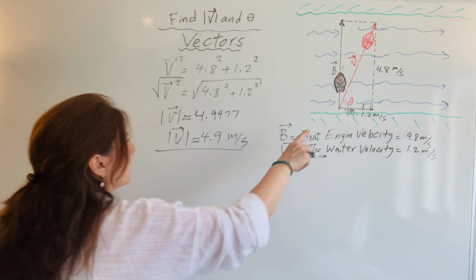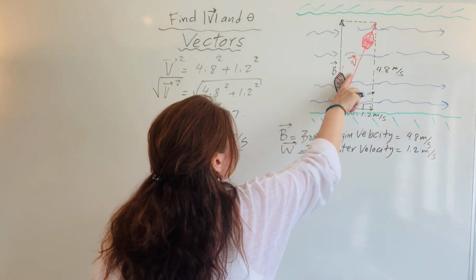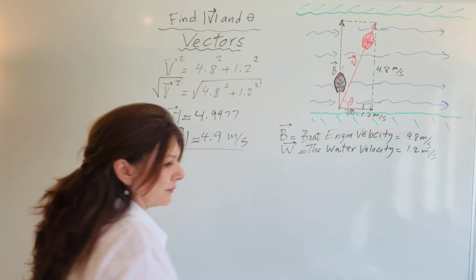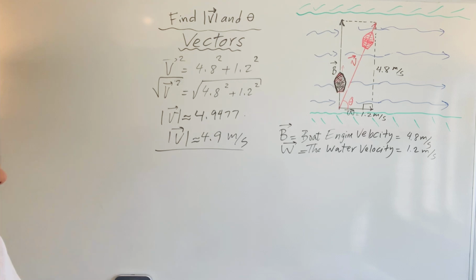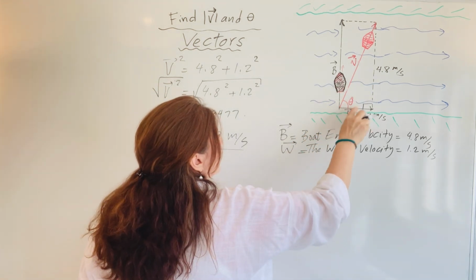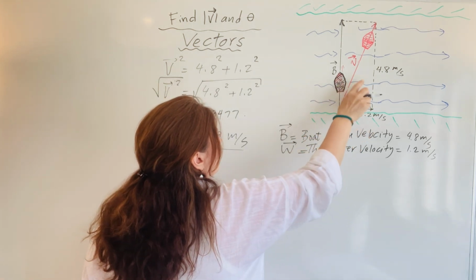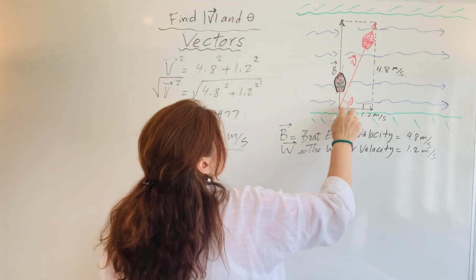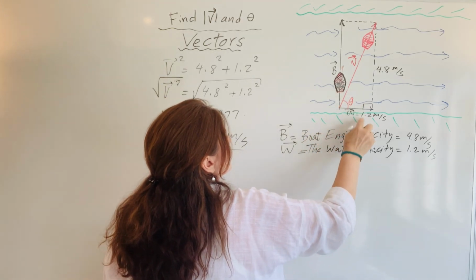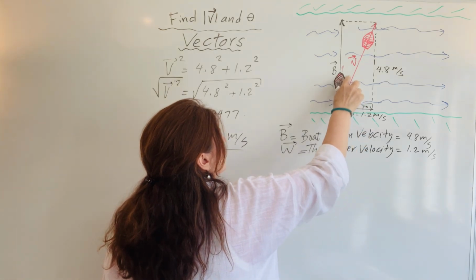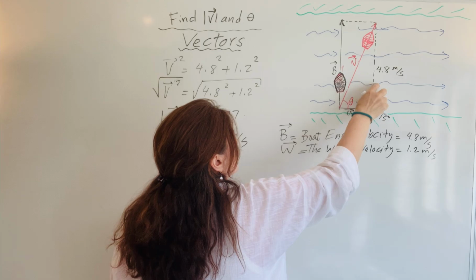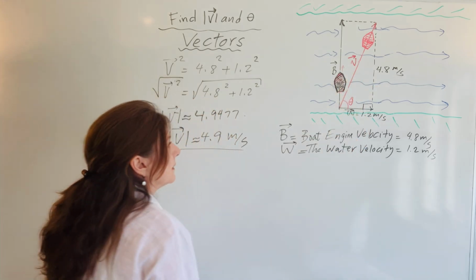Okay, what is the theta? Theta is the angle of this result with the water direction, or horizontal. How can we find this? In this right triangle, you see that we have all of the sides. We can use cosine, adjacent over hypotenuse, or we can say opposite over hypotenuse.